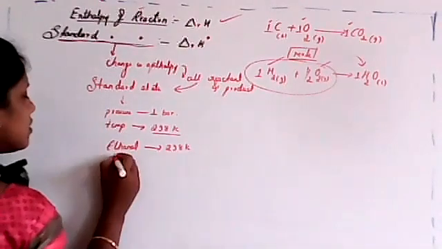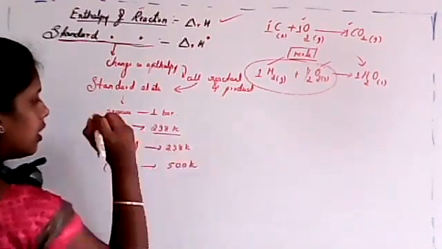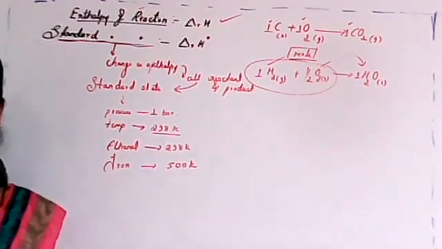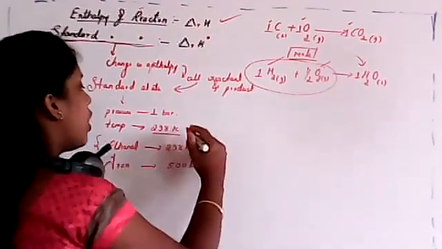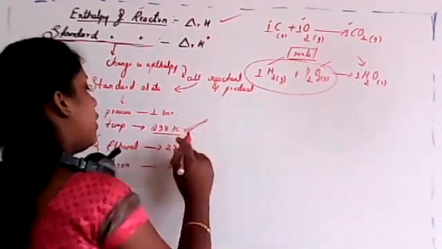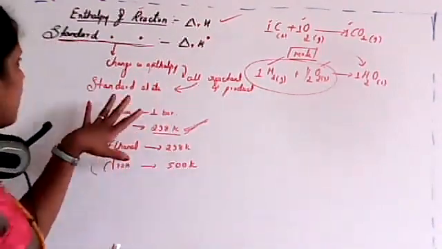If you are considering iron, its temperature is 500 Kelvin. It varies, okay? But in almost all conditions, it will be 298 Kelvin. Remember this one, okay? Okay, students, this is clear.